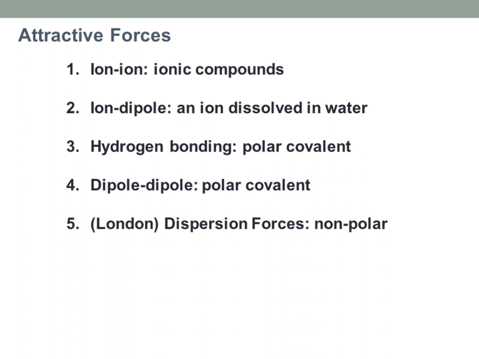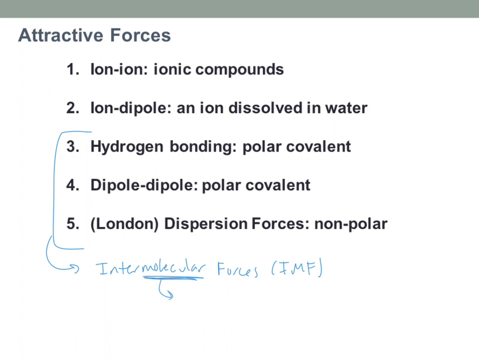We'll go through all of these in a lot more detail in a second, but I just want to point out that these bottom three, numbers 3, 4, and 5, are what used to be called intermolecular forces, or IMFs. Because this has the word molecular in it, it only applies to covalent compounds, which is why only these bottom three could be considered intermolecular forces.